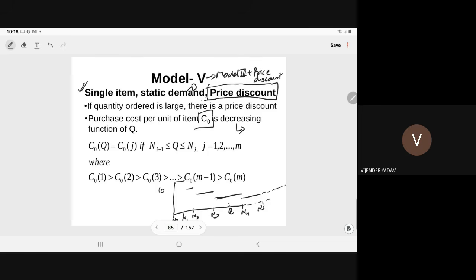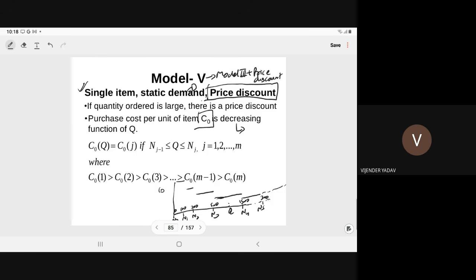For example, if you are purchasing 0 to 100, 100 to 200, 200 to 500, 500 to 1500, and 1500 to 3000, and if you are purchasing more than 3000, then we have a different unit price.